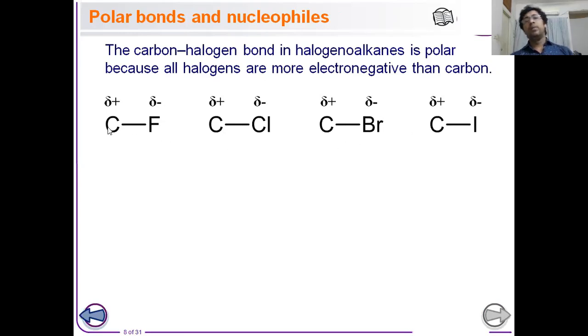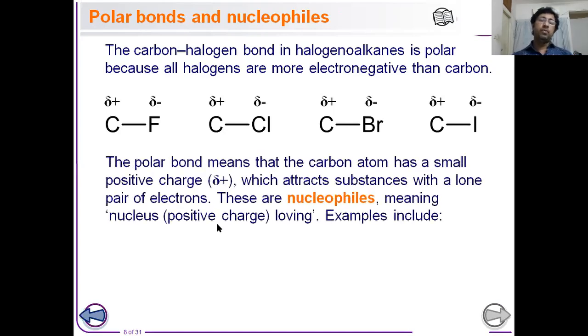All the halogenoalkanes will form this type of partial positive and partial negative charge. So when carbon is partially positive, a nucleophile will tend to attack this C+. Nucleophiles are those species which have a lone pair of electrons, and they tend to give that pair of electrons to another species.